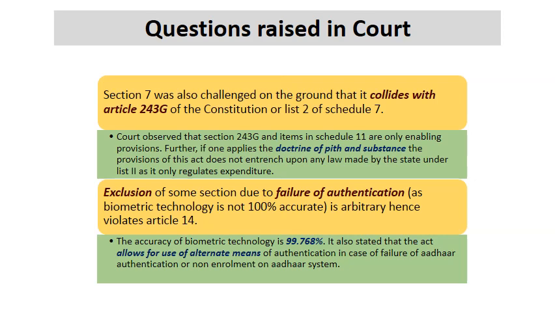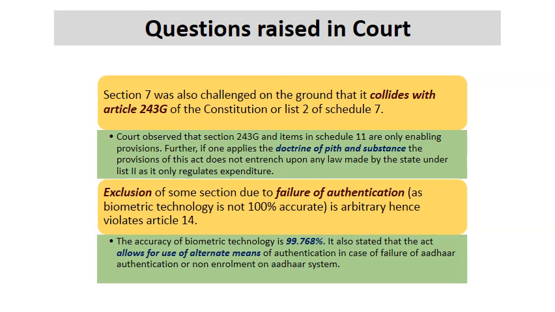And on the argument that public distribution system or poverty alleviation is under List 2 of the Constitution, and hence the Aadhaar Act is intruding upon this power of the state, the court held that the purpose of Aadhaar does not seem to relate to PDS or poverty alleviation programs directly, because it's only related to targeted delivery of these services. And thus the court upheld the validity of the Aadhaar Act against this argument that it intrudes upon the power of the state to legislate on the state list.